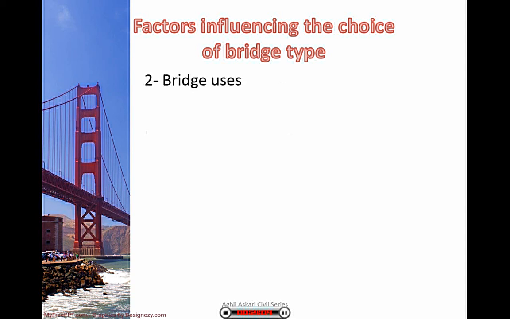And let's go to the next factor. It's bridge use. Yes, bridge uses. We need to know why this bridge is being built. This will affect the loading phase of the bridge. For example, it is a car bridge or it's a footbridge. There are so many differences between them. We will work on this in the next session.